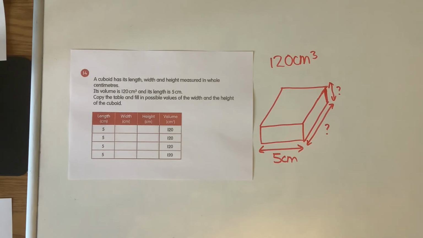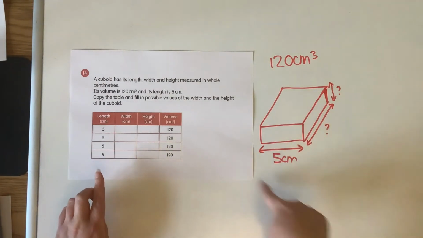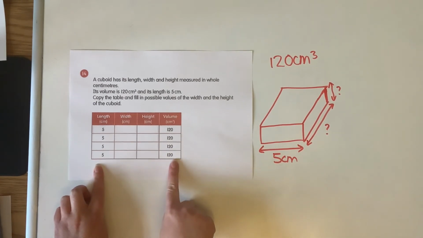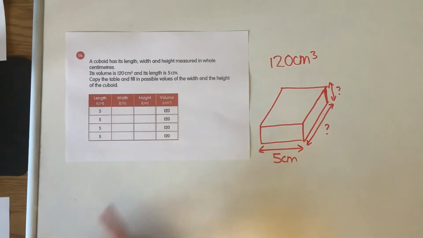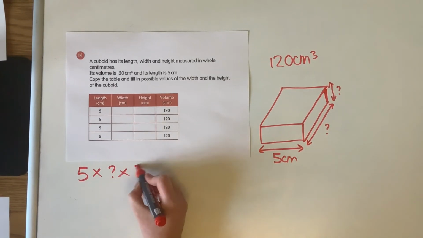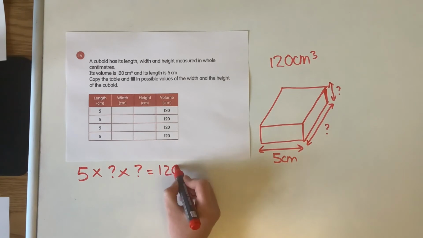So hopefully the first thing that you did was recognise that, using the formula length times width times height, for this cuboid we had 5 times something equals 120. If I just write that out so we can see it, 5 times something equals 120.